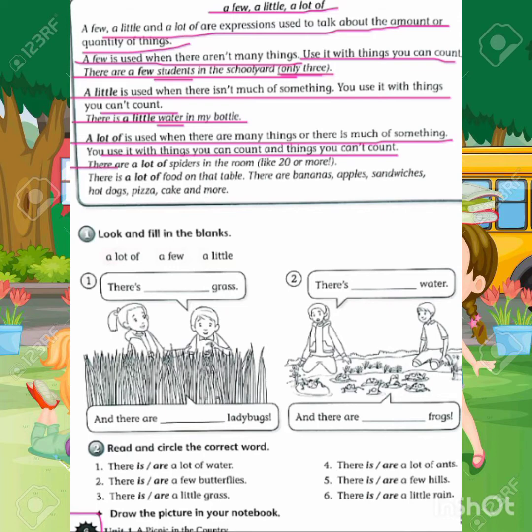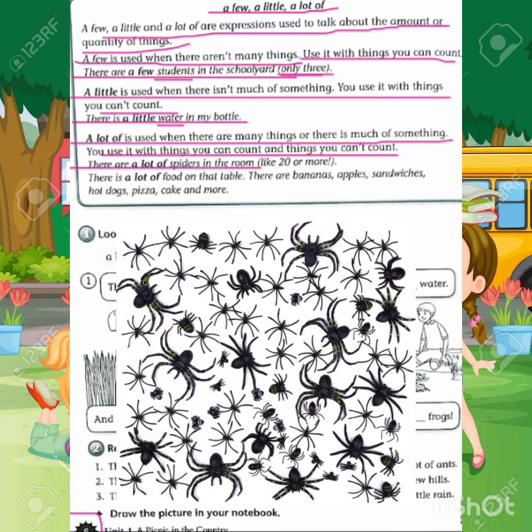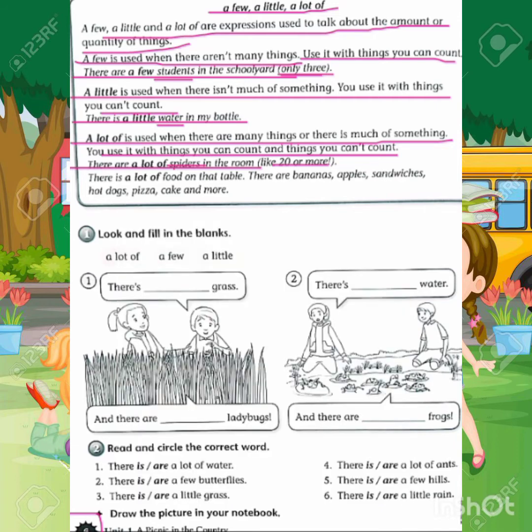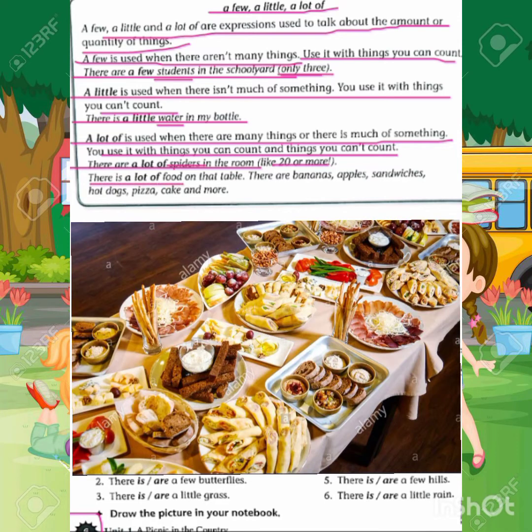For instance, there are a lot of spiders in the room, like 20 or more. This is a countable noun because we can count the spiders. The second sentence says, there is a lot of food on that table.